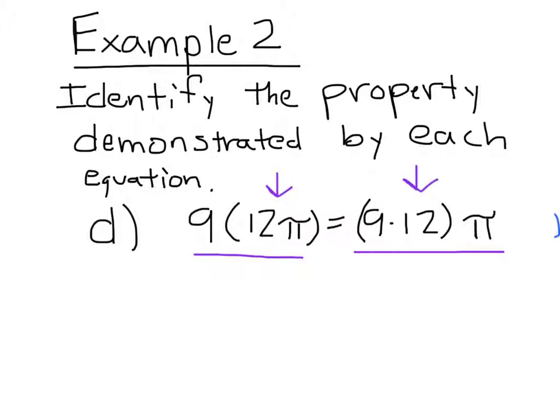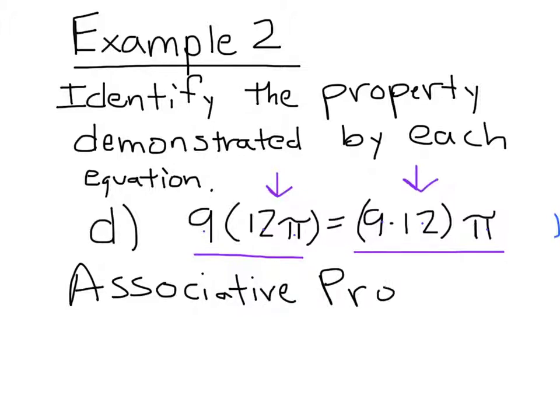So notice the order of the numbers is the same, 9, 12, pi, 9, 12, pi. But notice the same two numbers are not grouped together. So when I'm talking about changing the grouping of numbers, I'm talking about the associative property. And now whenever we have the associative or commutative property, we're going to say of addition or multiplication. So I have the associative property of, and we're multiplying here, so I have multiplication.